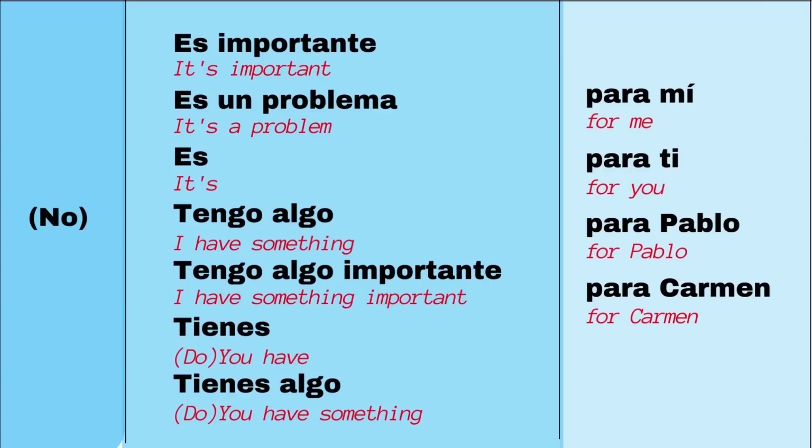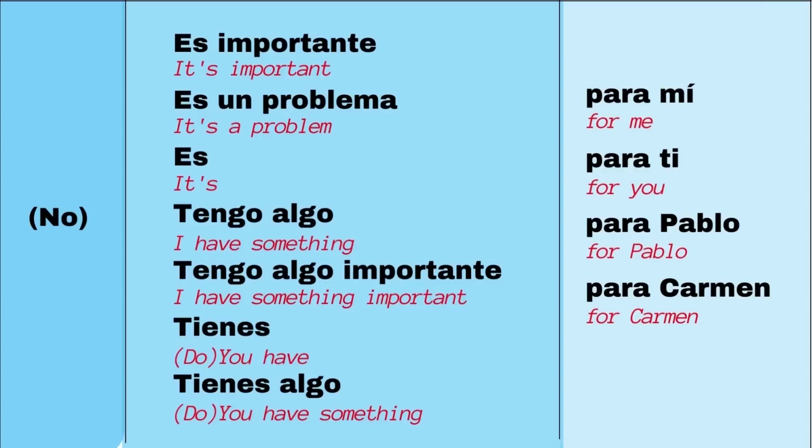I've got something important for you. ¿Es un problema para ti? Is it a problem for you? No es un problema para Pablo. It's not a problem for Pablo.